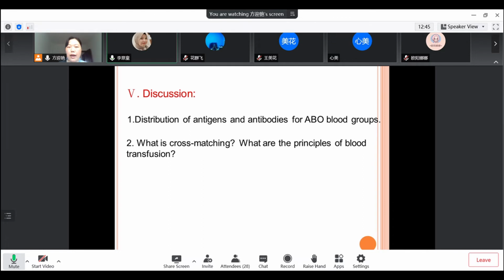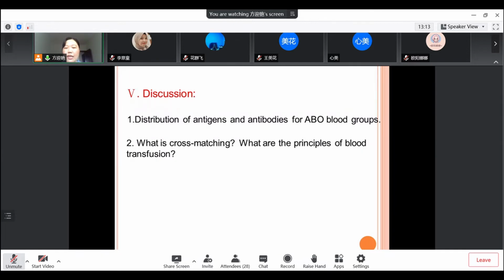Understand, Lasha. And for this experiment 4, I hope you discuss the distribution of the antigens and antibodies for the ABO blood group. Only when we master this distribution can we know how to identify the ABO blood group. This is the basic knowledge of the ABO blood group.